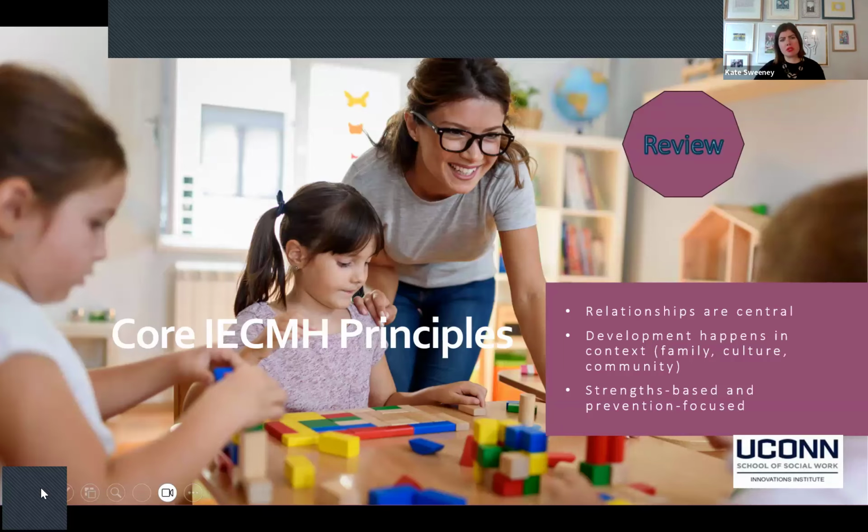Going to start with these 2 review slides, as we always do, to ground us in the infant and early childhood mental health principles, knowing that this work is really focused on relationships, that development happens within the context of family, culture, community, opportunity, etc., and that we always want to evaluate where kids are and what's needed, but also come to this with a strengths-based and prevention-focused approach.